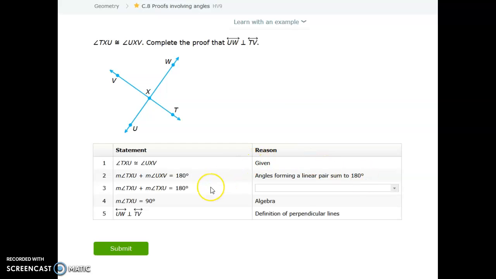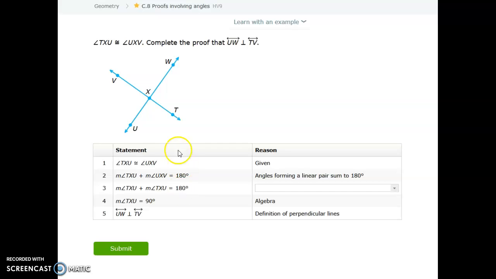The next line says the measure of angle TXU plus the measure of angle TXU equals 180 degrees. And this is the reason that we're being asked to fill in. So let's see how we got from this line to this line. How did they go from the measure of TXU plus the measure of UXV equals 180 to the measure of TXU plus the measure of TXU equals 180?